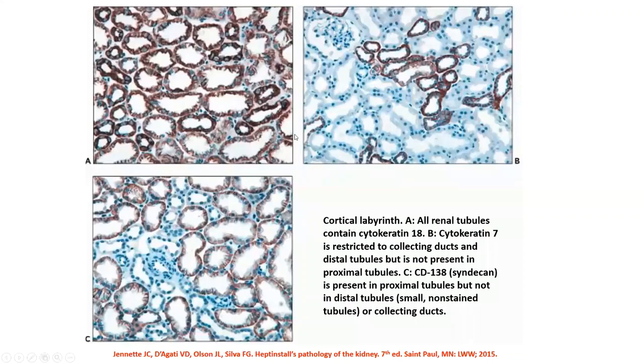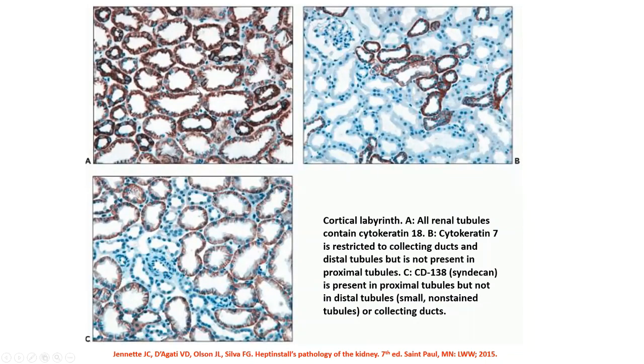Now, what about immunohistochemistry when you want to separate the various tubular elements in the renal cortex? You really will not need IHC, but if we are to talk about IHC, there is a little bit of segregation as far as the expression of cytokeratins is concerned. If you were to utilize low molecular weight cytokeratins, like say cytokeratin 18, you would see that all the tubular elements get stained with CK18.